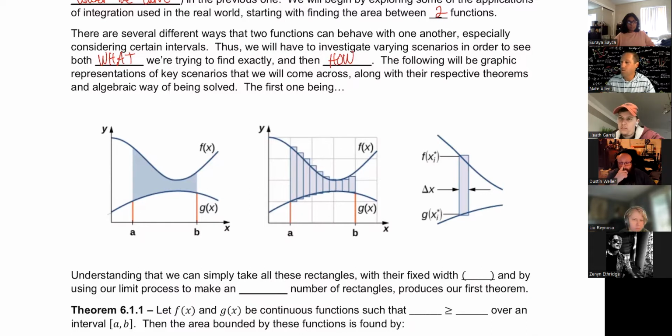I don't want to give away too much, but in the next section, or sections 6.2 and 6.3, we're going to actually take this flat two-dimensional area and put a little spin on it.